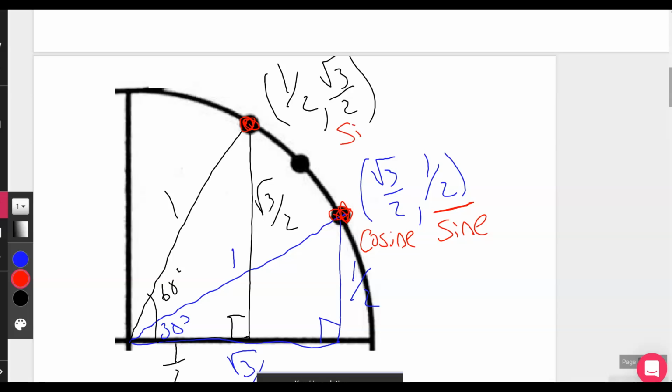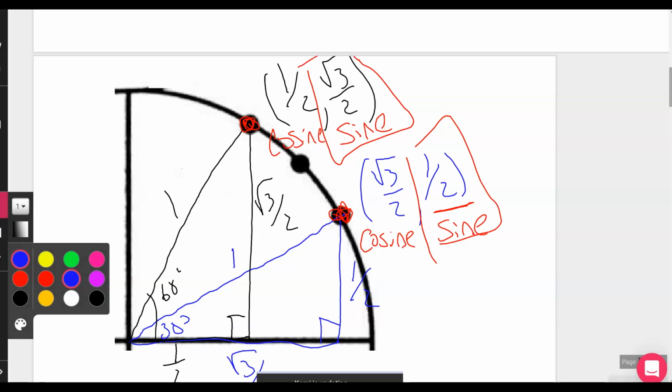Sine is root 3 over 2, and cosine is 1/2. What I'm getting at is these ordered pairs will tell you the answer for sine and cosine of any angle. So the sine is this one always, notice. Okay. And then the cosine is this one.